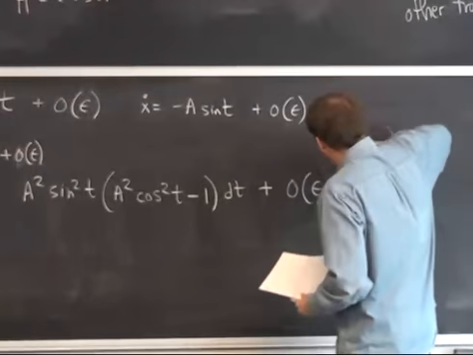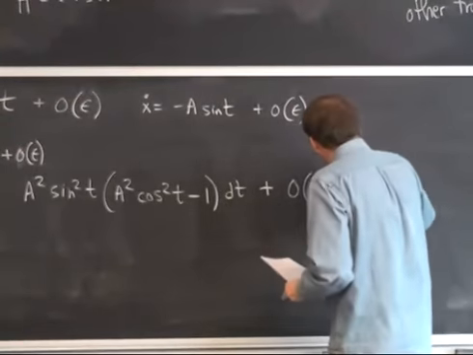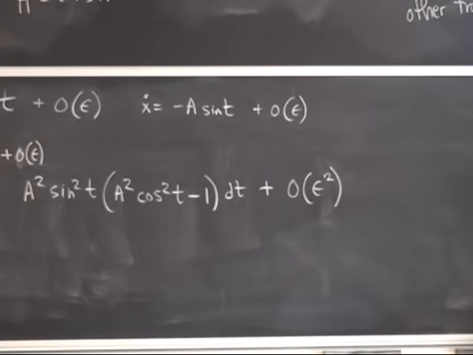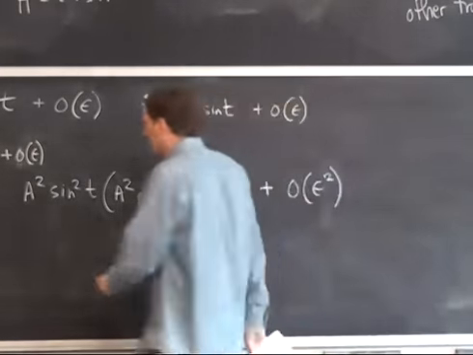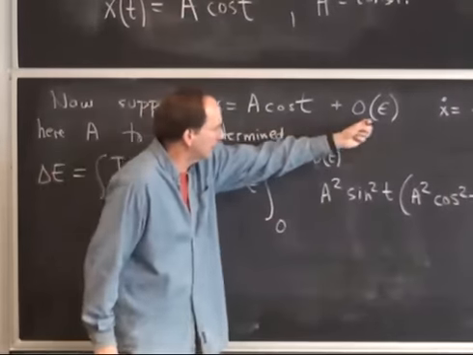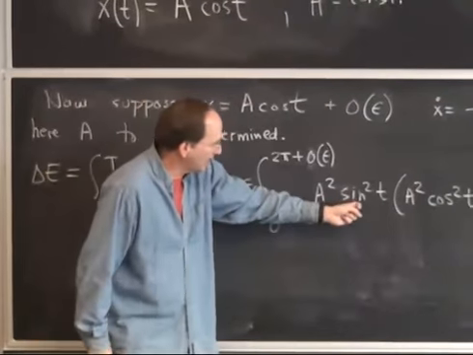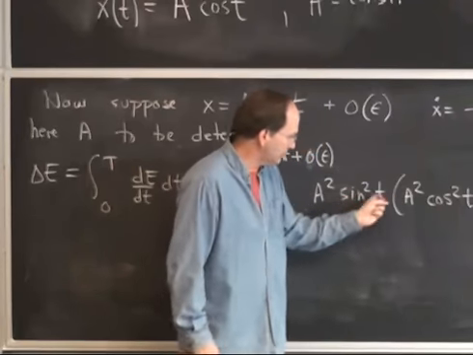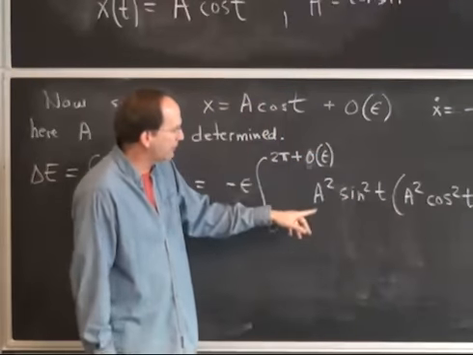Not order epsilon, squared. Why do I say that? Well, because I've made various errors along the way. That is, my A cosine t was not exact. It had an order epsilon error. So in here, the A sine and the A cosine are a little bit off by epsilon.